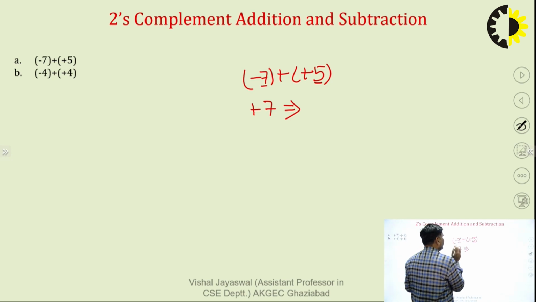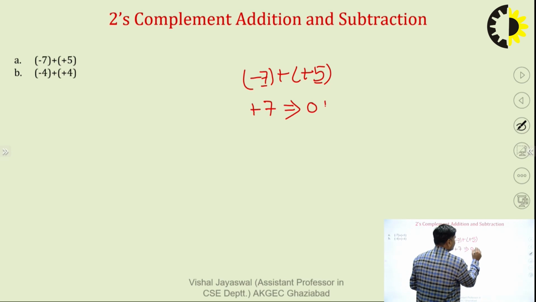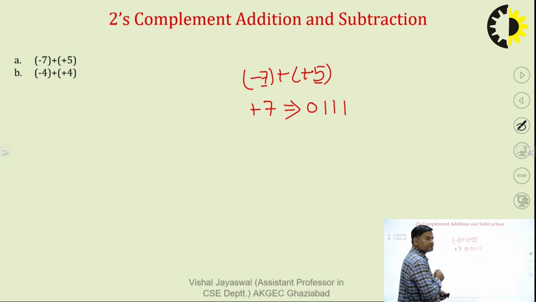Then plus 7 is represented in 4 bits, that is 0 1 1 1. This is the plus 7.